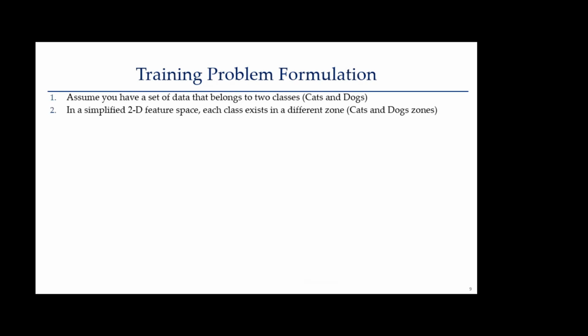Now let's try to formulate the training problem. Let's talk about a very simple case, a two-class classification problem. We have a set of data that belongs to two types of animals, cats and dogs. We can simply plot this in a two-dimensional feature space where each class of objects or animals exists in a different zone.